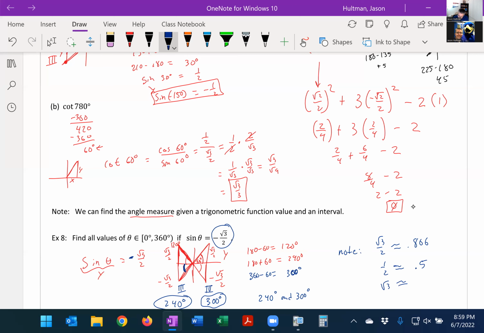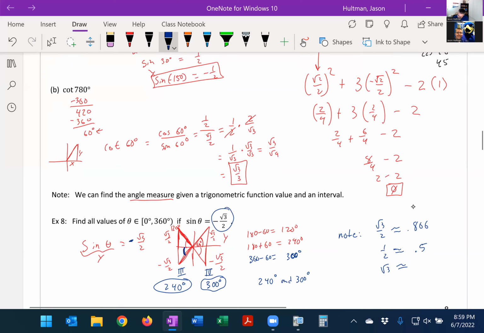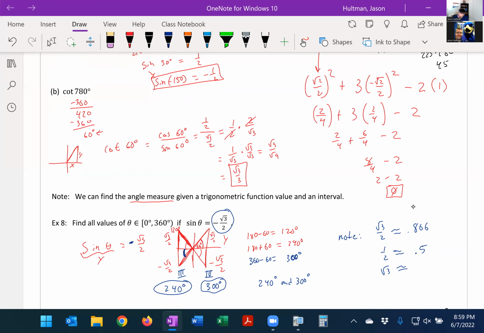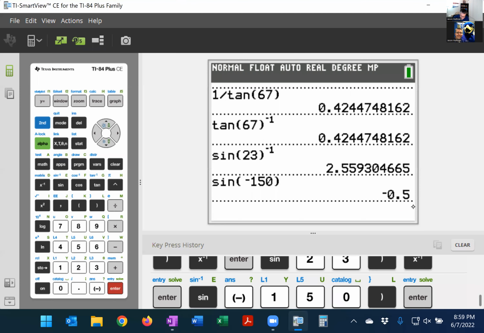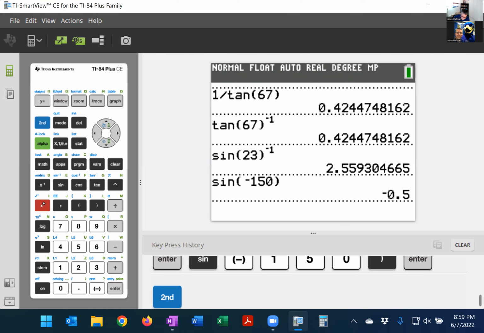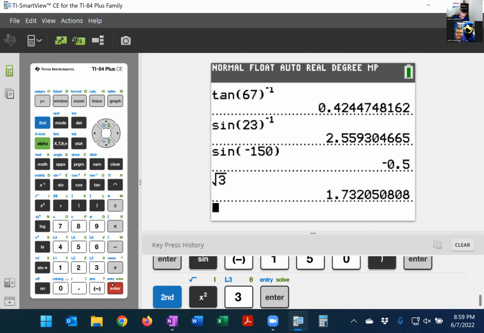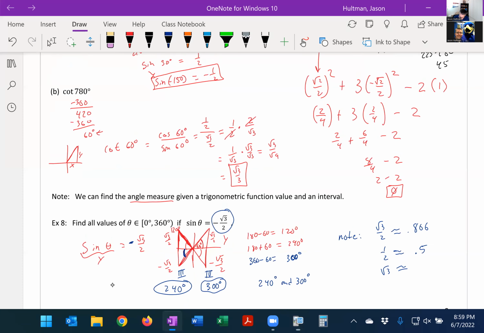Radical 3 is approximately 1.732. And then radical 2/2 is approximately 0.707. So these are good values to have as a reference. You might even want to memorize these ones.